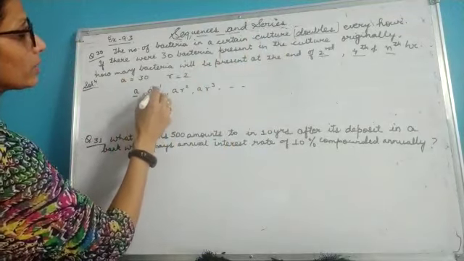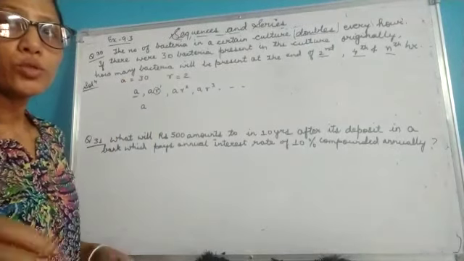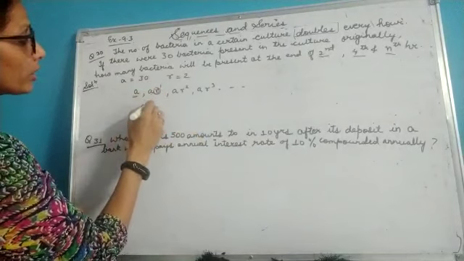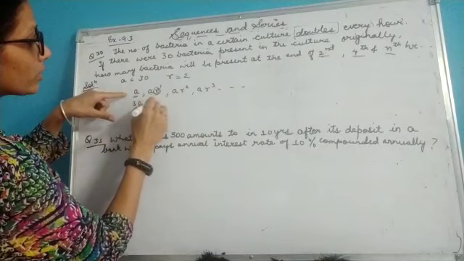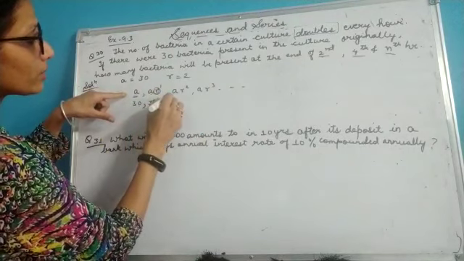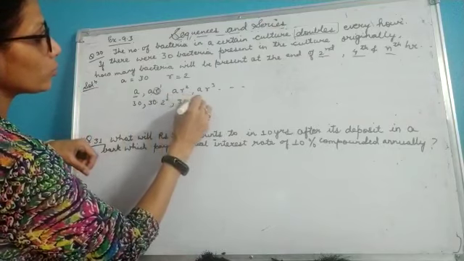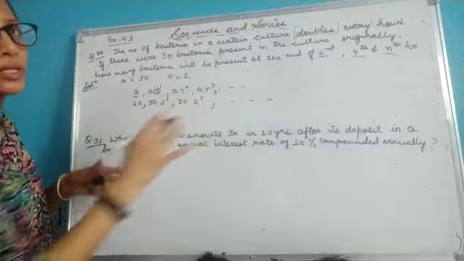But here the common ratio is given to you as 2, so you will be taking this r as 2. Here a is 30, and this is 30 into 2 raised to power 1, then 30 into 2 raised to power 2. This is your GP, which goes on.